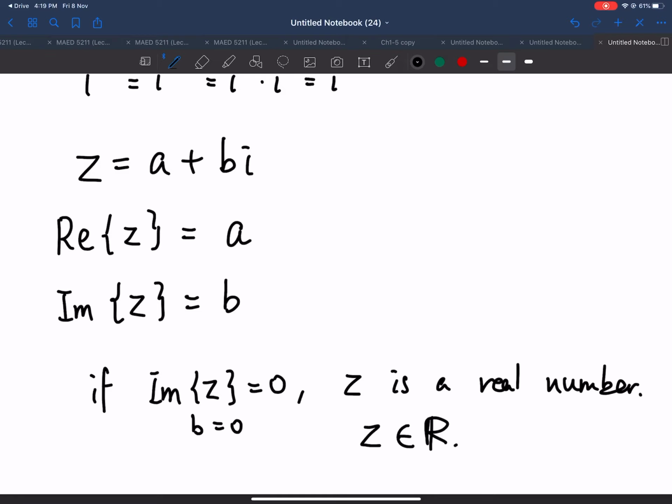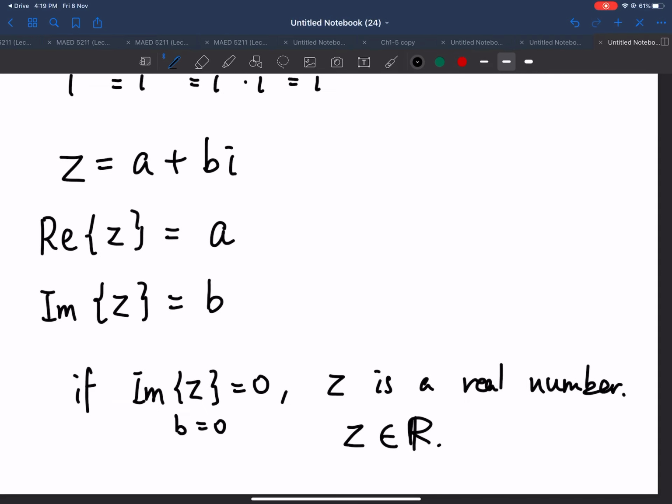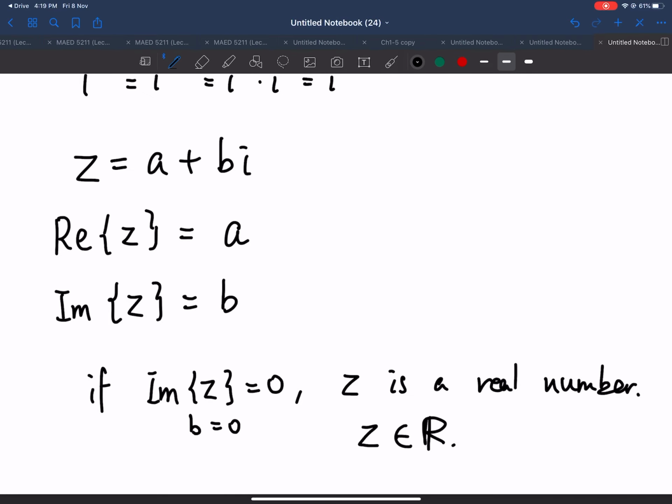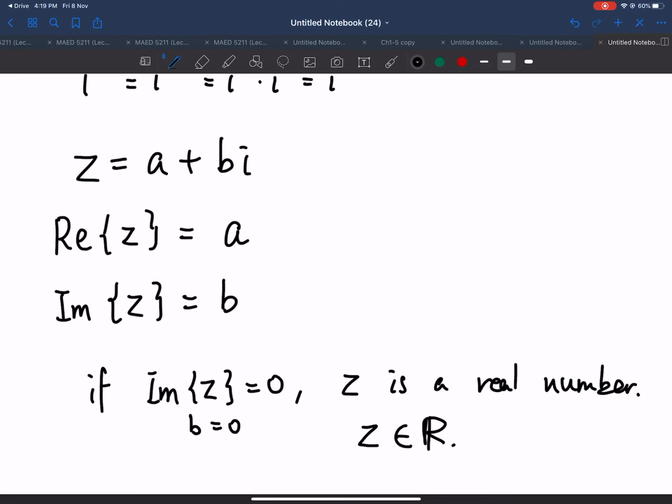If you look at the textbook, but don't need to look at the textbook. So what is that symbol? Yeah, belongs to real number.